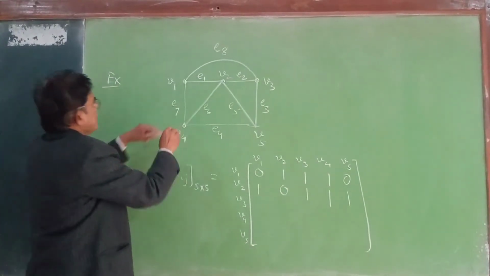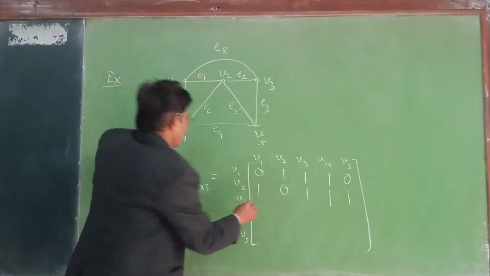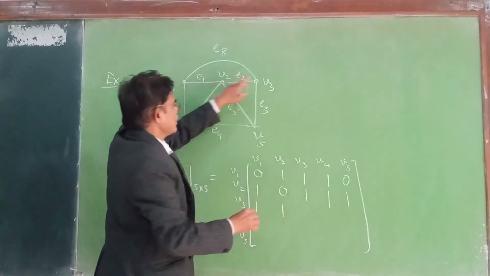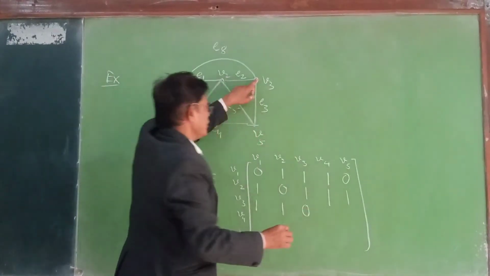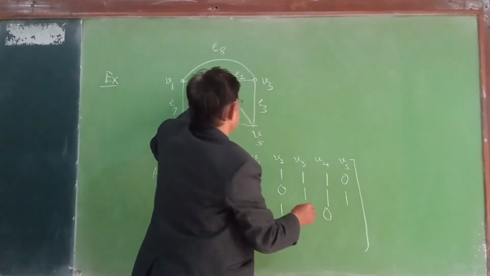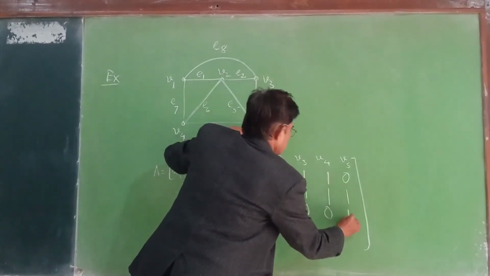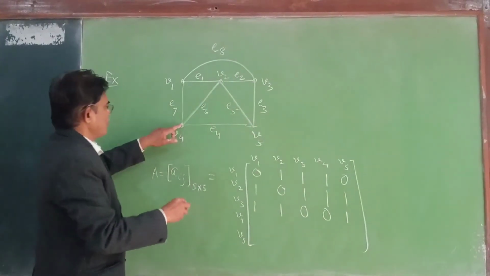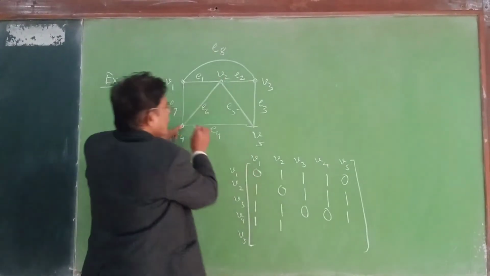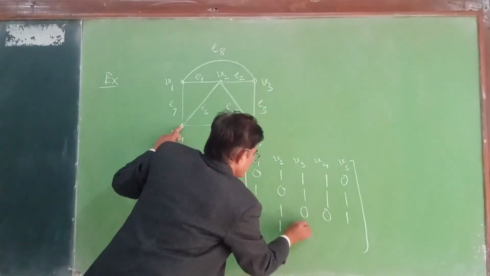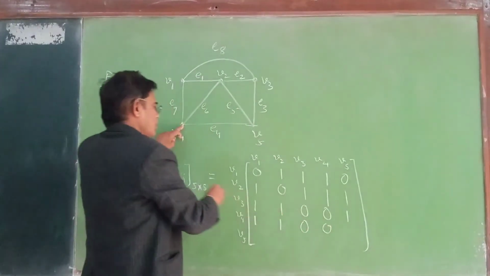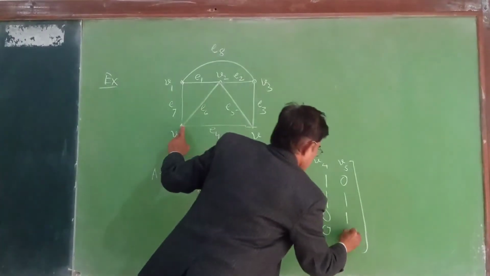Now for V3: V3 V1 is 1, V3 V2 is 1, V3 V3 is 0, V3 V4 has no edge, so 0, V3 V5 is 1. Now V4: V4 V1 is 1, V4 V2 is 1, V4 V3 has no edge, so 0, V4 V4 has no loop, so 0, V4 V5 is 1.